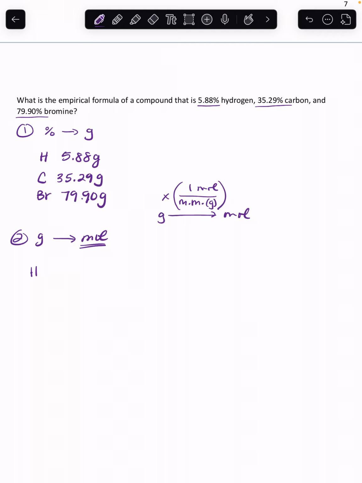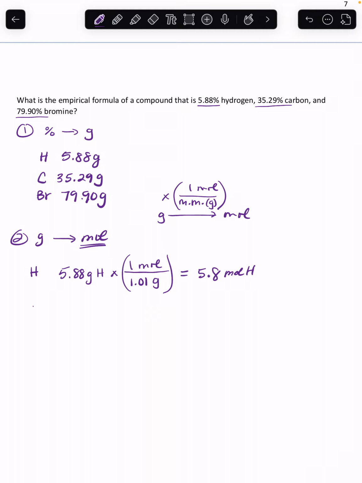Starting with hydrogen, I got 5.88 grams of hydrogen. To get to moles, we got 1 mole on the top here, and I'm dividing by the molar mass of hydrogen, which is 1.01 grams. Very cool. When I divide these out, I get 5.8 because it's literally just dividing by 1. So there we go. And this is going to be moles hydrogen.